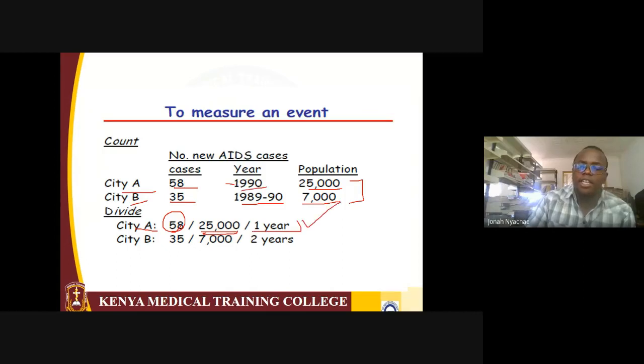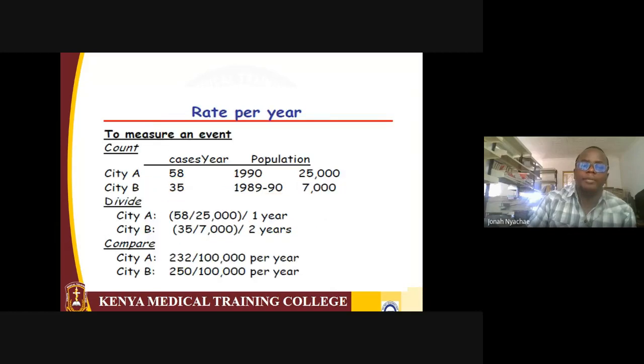So this is still dividing. In city B, it is 35 divided by 7,000, the population at risk over the course of 2 years. So we are counting, and in epidemiology we are also dividing. And then we can also compare.